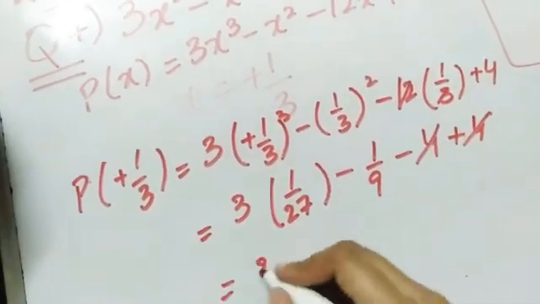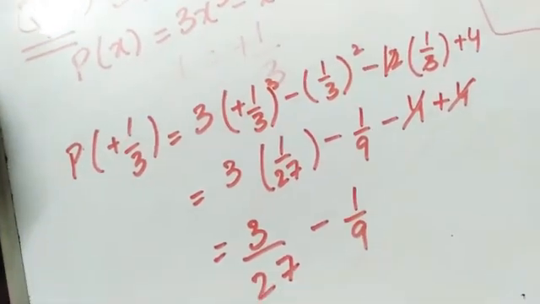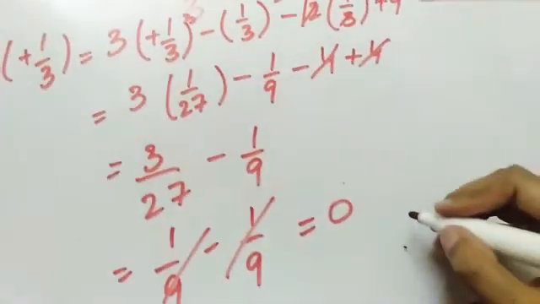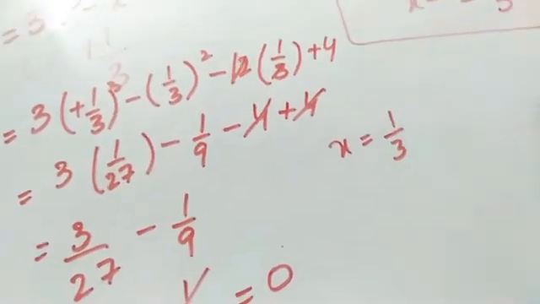This will cancel out. 3 divided by 27 minus 1 divided by 9 will be 1 by 9 minus 1 by 9, so this will cancel out and the remainder is 0. So we will say that x equals 1 by 3 gives a factor of p of x.